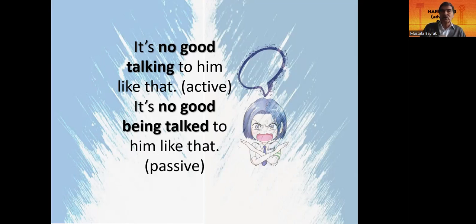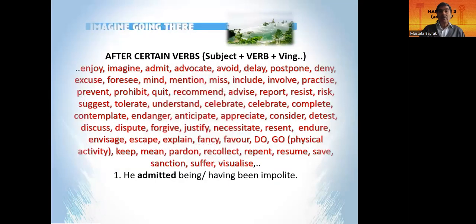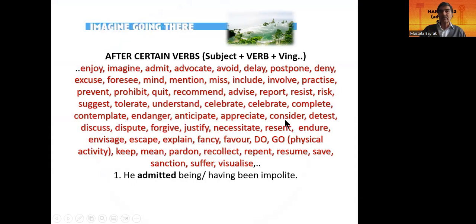For example, no good doing something. So it's no good. It's no good talking to him like that. Active. It's no good being talked to like that. Active, passive. Yes, after certain subjects, subject verb plus verb ing. For example, enjoy. Ahmet enjoys playing. Okay, imagine doing something, advocate doing something. He admitted being impolite, or he admitted having been impolite.